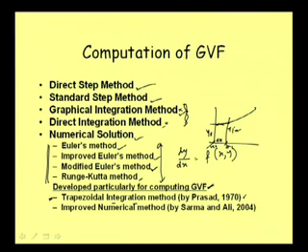Now, if this delta x value is increased, suppose delta x we are taking very large, then some of these methods will give erroneous results and some may still give correct results.